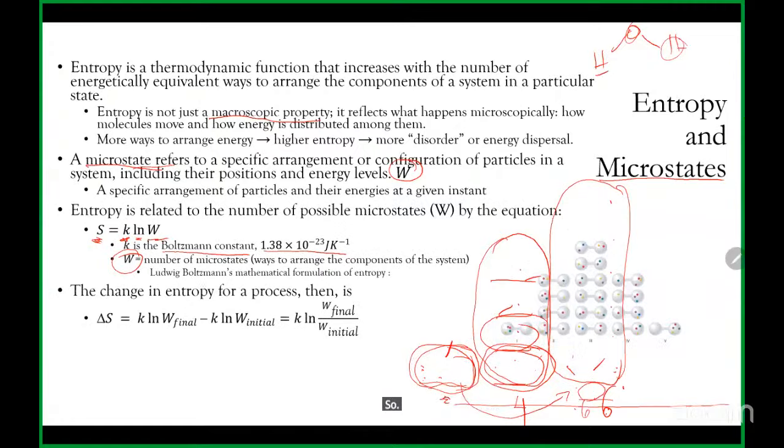So the change in entropy for a process is delta S, final state minus initial state.